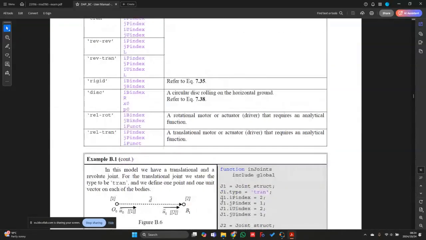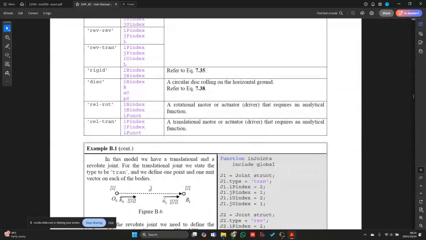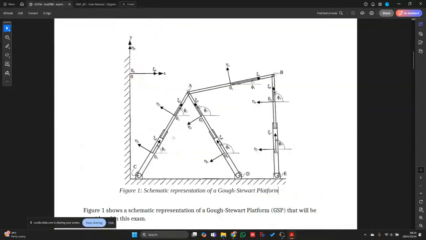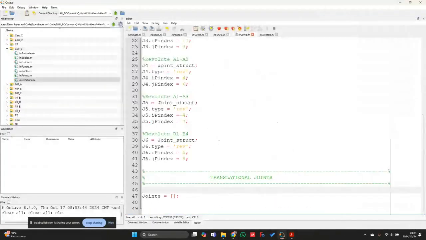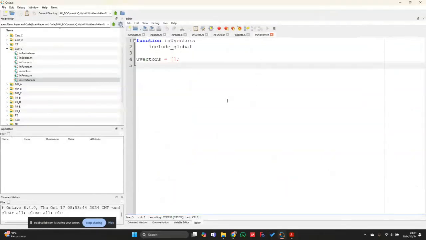Okay, so in my case, I am then going to need 1 unit vector on each of the actuator bodies for each actuator. So if I look at this one, I'm going to need U5, U2, U3, U6, U7, and U4 as well. Okay, so I'm going to start off actually going over to the in U vectors file then. And I'm just going to specify them in this file, the unit vectors.